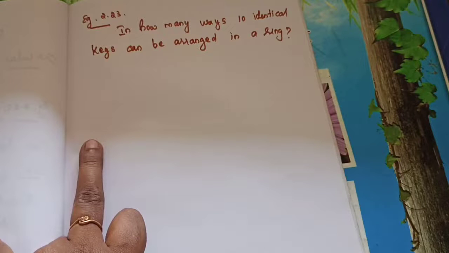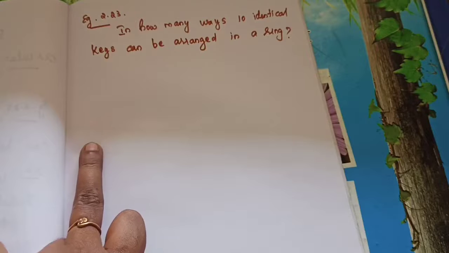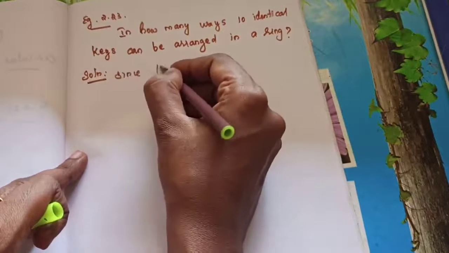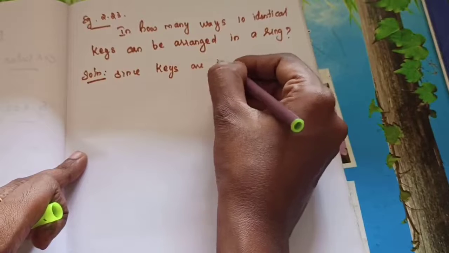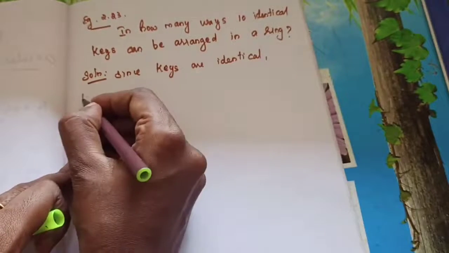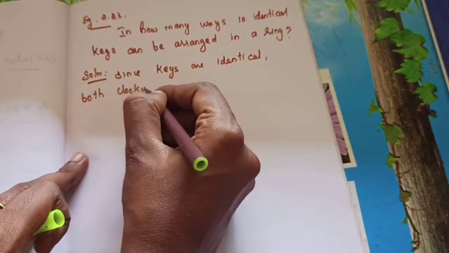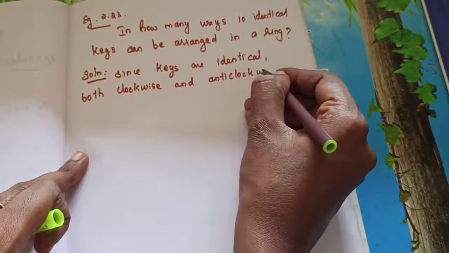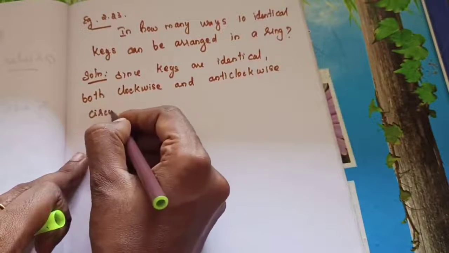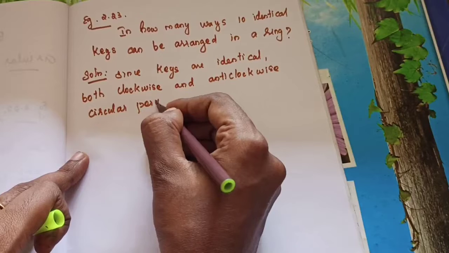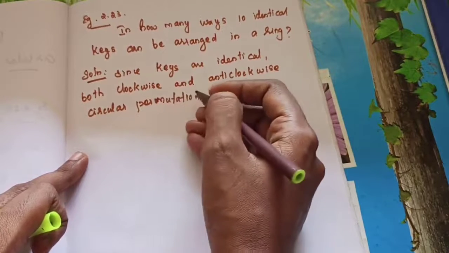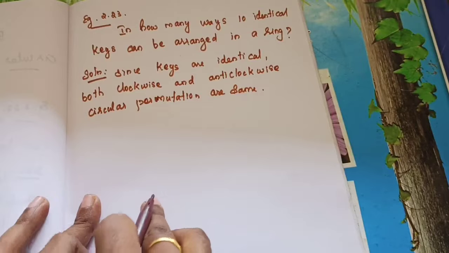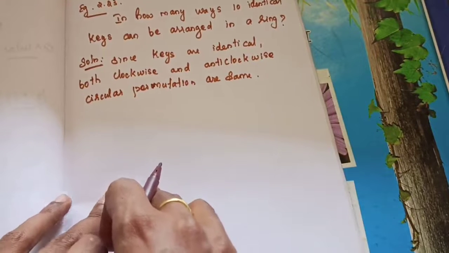Now you know what formula we'll use here. We need to write one line: since keys are identical, both clockwise and anti-clockwise circular permutations are the same.